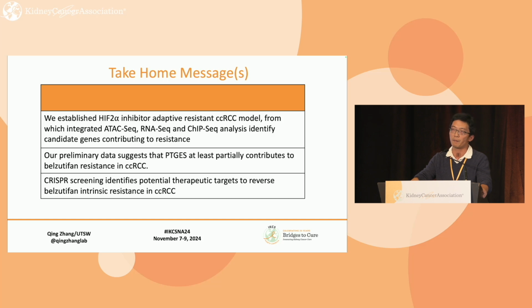We also show PTGS is at least partially responsible for belzutifan resistance. And from an intrinsic perspective, our CRISPR screening approach can identify potential therapeutic targets that, in combination with belzutifan, can reverse this intrinsic resistance.